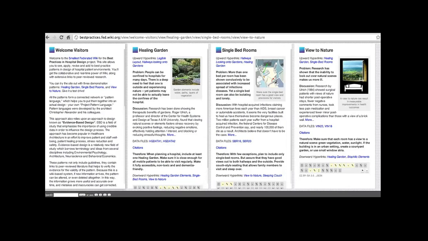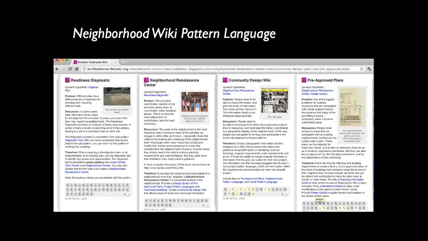Single bed rooms, I talked about, that cuts down on the transmission of pathogens like the MERS virus that's such a problem in hospitals. View to nature, as we were just talking about, how important that is, and so on. So you could certainly do a lot more of these kinds of patterns and build them into this kind of language.